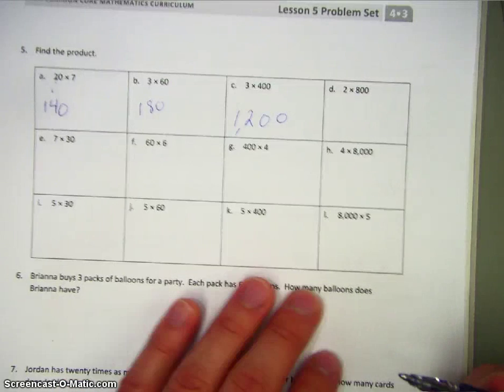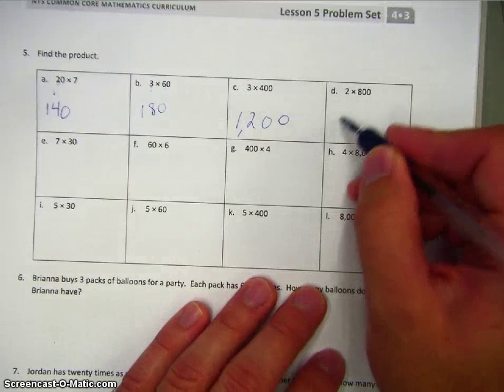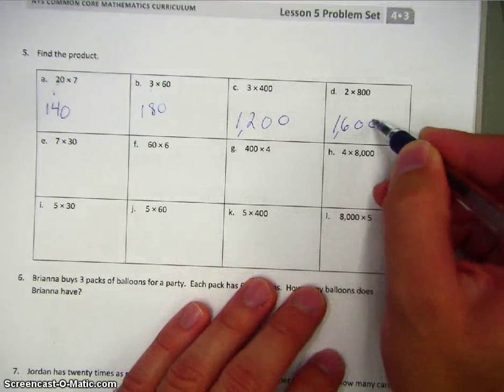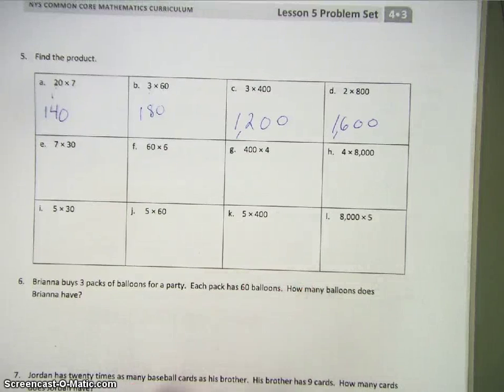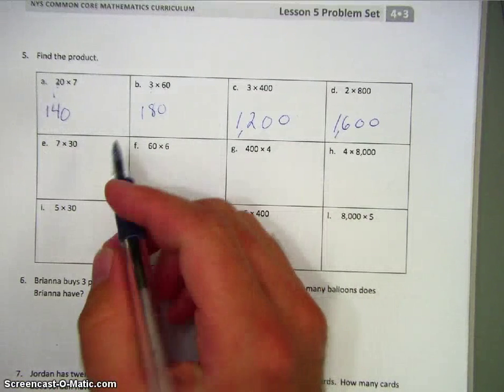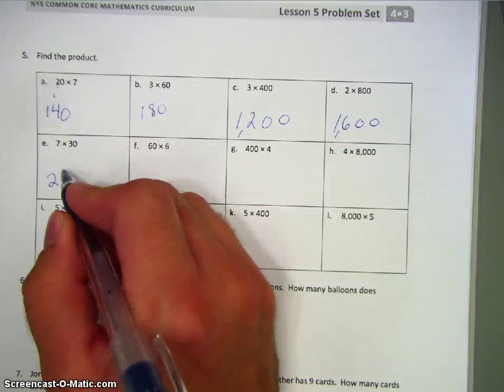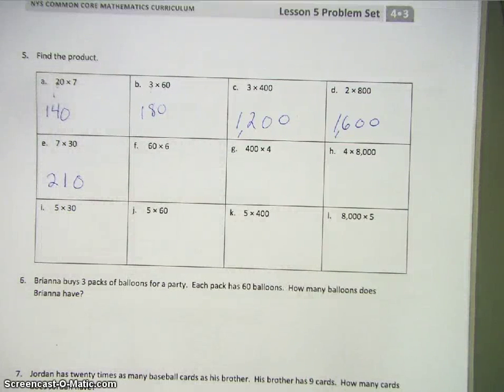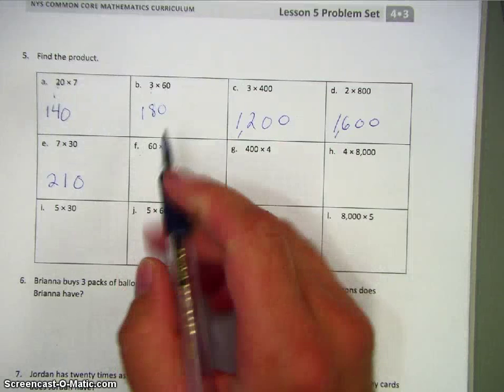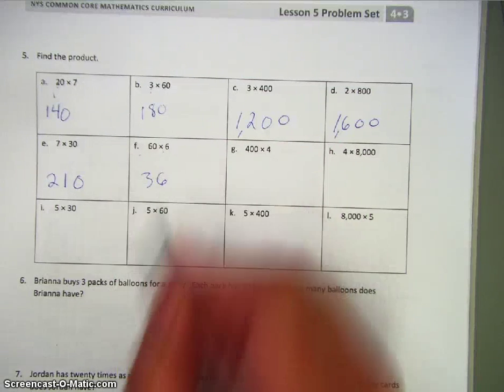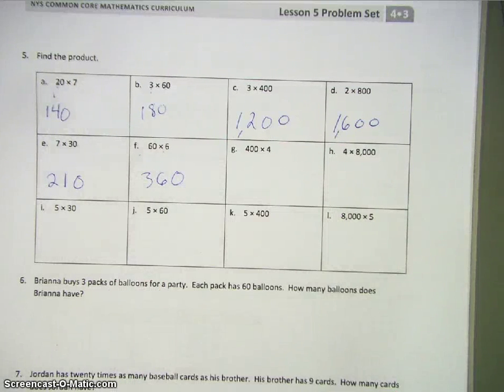Okay, 2 times 800, so 2 times 8 is 16, so our answer is 16 hundreds. Okay, same thing, 7 times 3 tens, 7 times 3 is 21, so we have 21 tens. Okay, staying with our tens here, we have 6 tens times 6, well, we know 6 times 6 is 36, so it's 36 tens.